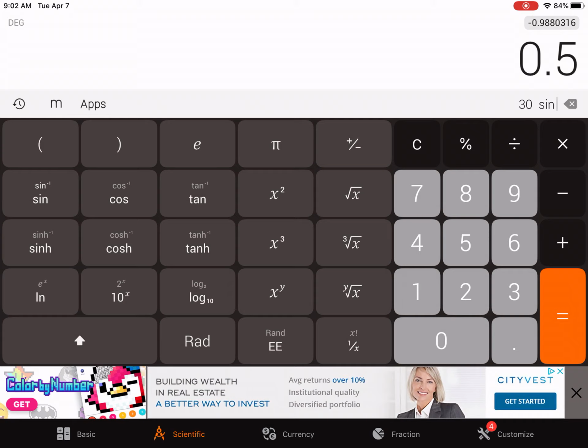But for most phone or iPad calculators, all you have to do is find this button down here where it says DEG. Click on it, and it'll change the degrees up top. If it already says DEG at the top, you're good. Just start working on whatever you need to work on.